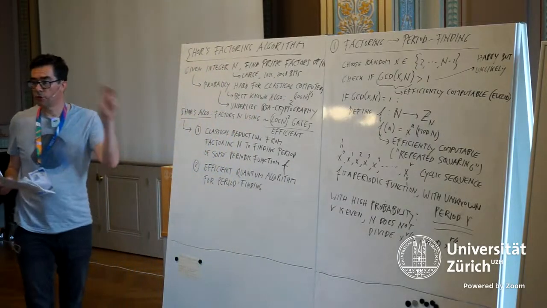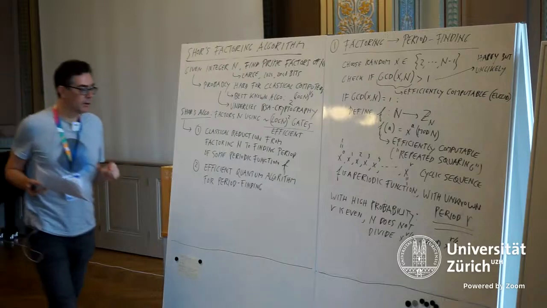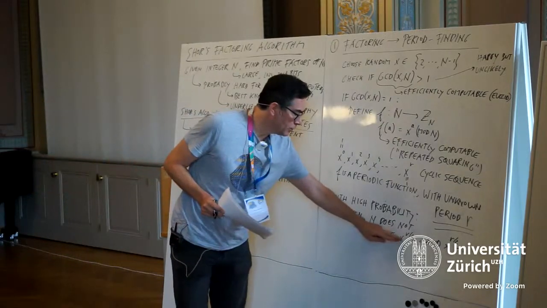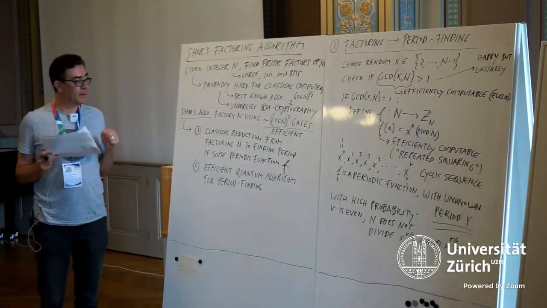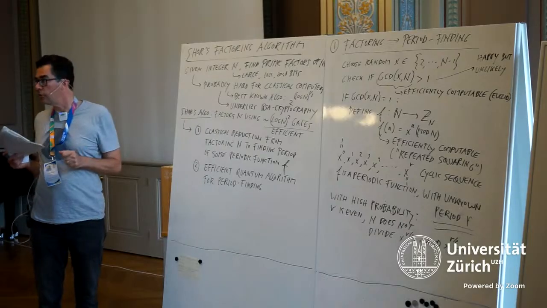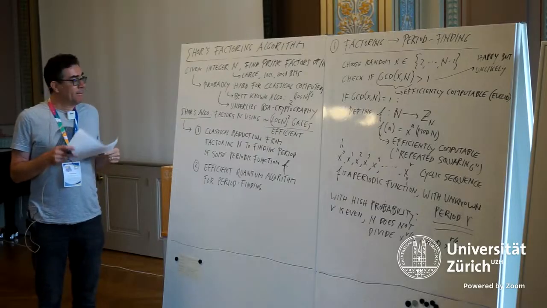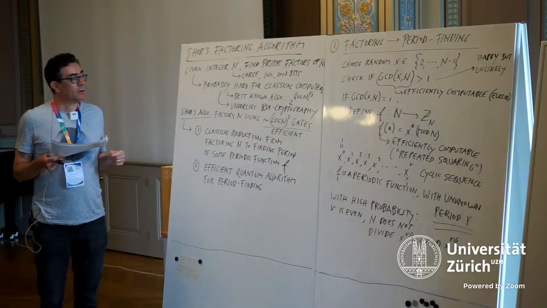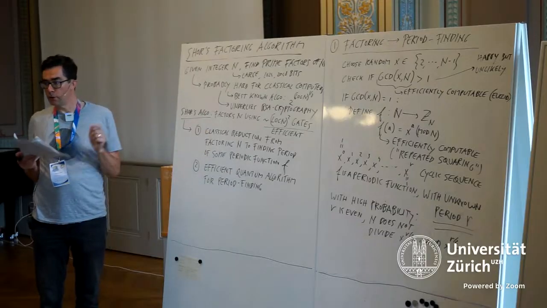So let's just assume that this period r, this unknown number that we would like to find, is an even number, and that n does not divide x to the r over 2 plus 1, nor x to the r over 2 minus 1. All this stuff, by the way, is, I think, 18th century mathematics, so these things were long known. Okay, so this defines some function that's sufficiently computable and that has an unknown periodicity r in it.